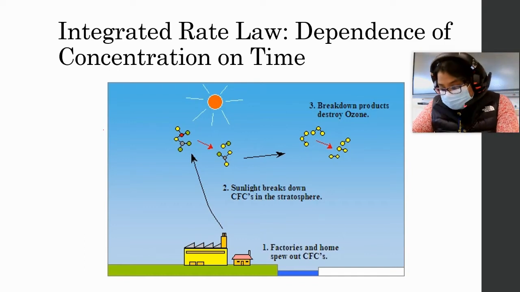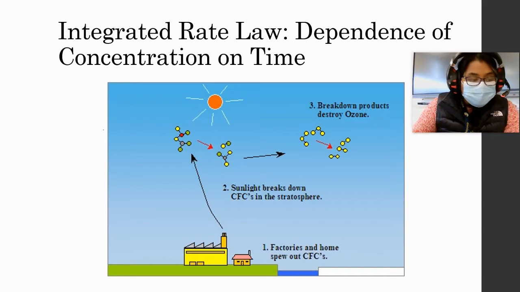One of the reasons is the time it takes to consume them. The reactions are so slow that even if we stopped adding CFCs to the atmosphere now, the concentration would only decrease very slowly, because of the time it takes to break them down.